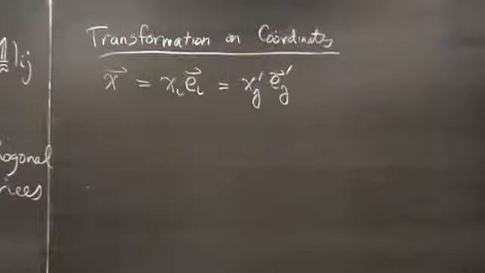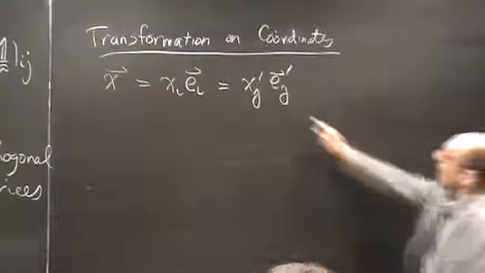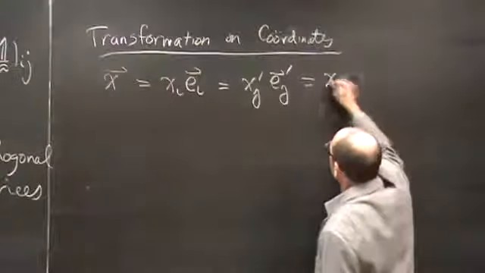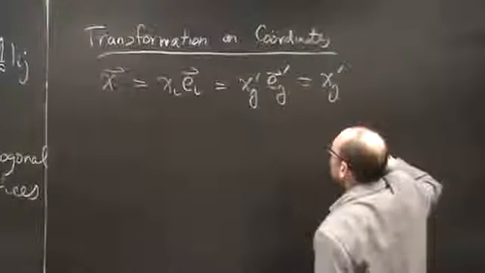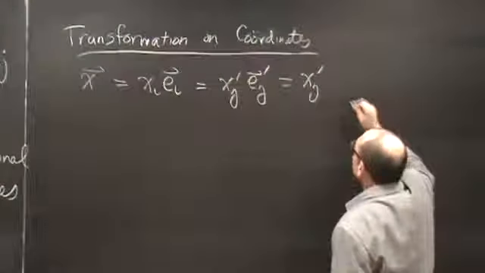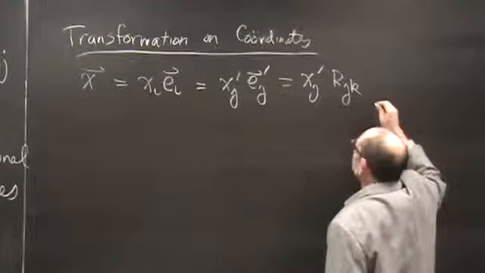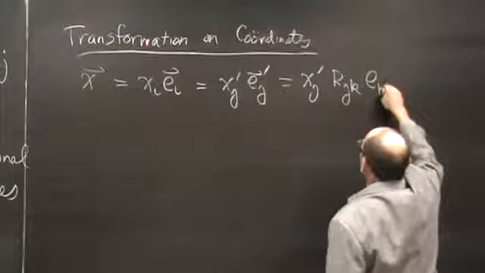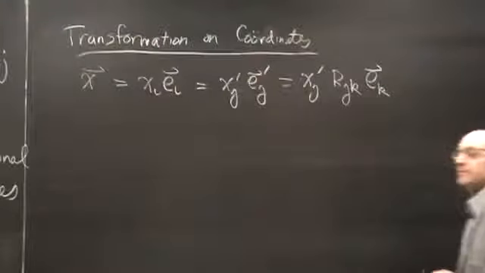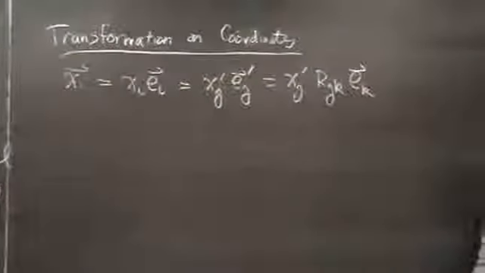I'm not rotating the vector, I'm rotating the basis, or rotating the coordinates. And we just said this was equal to R_jk e_k. All right?